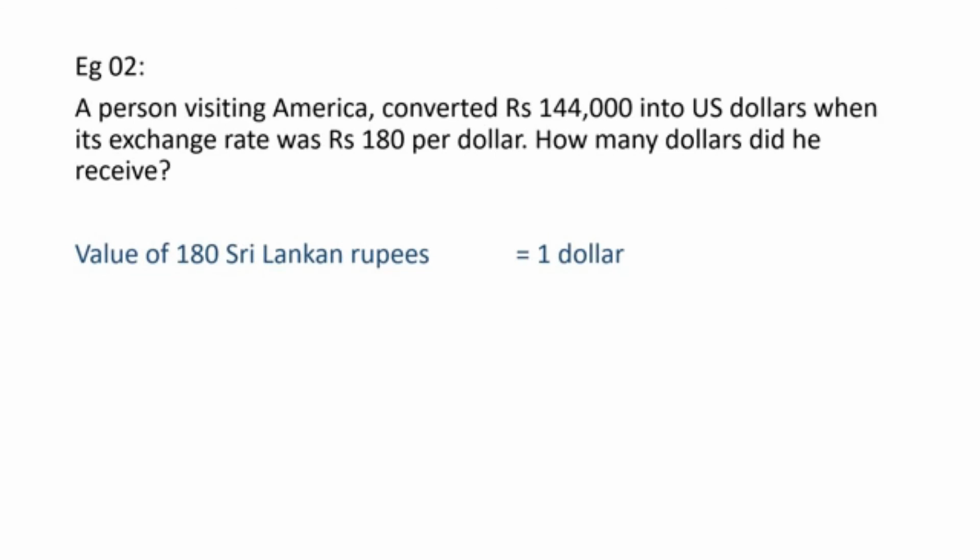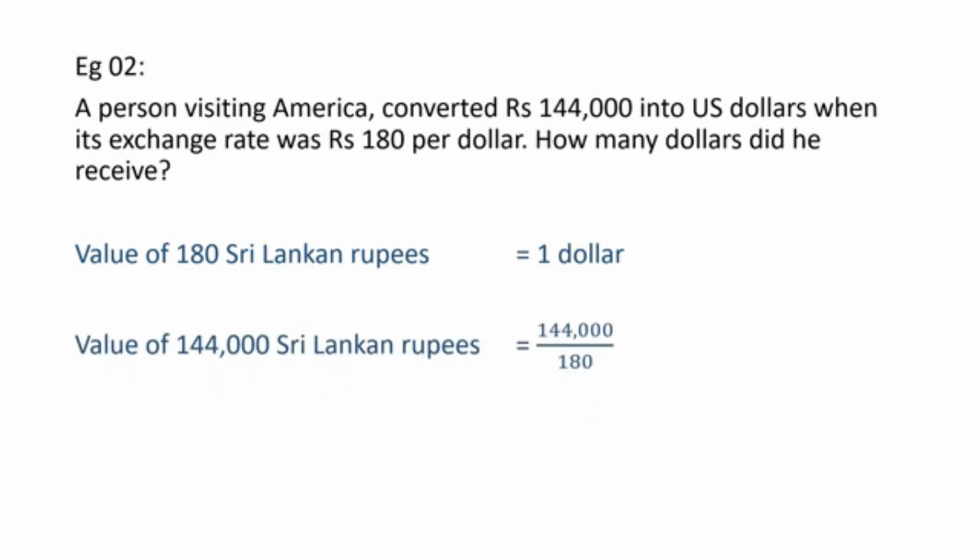Then we need to find how many dollars are there in 144,000 Sri Lankan rupees. So that you can do by dividing 144,000 by 180. Zeros will cancel and your answer becomes $800. The questions related to foreign currency will be quite similar to these two types of questions I have given you.